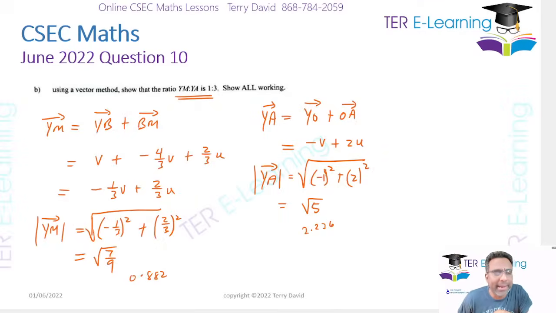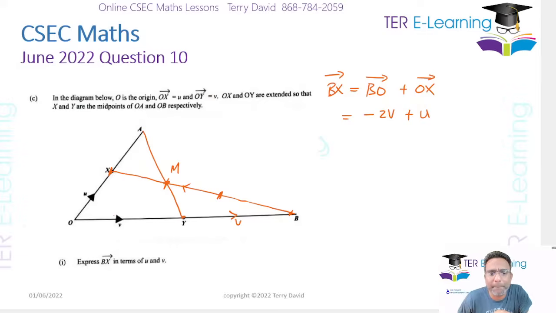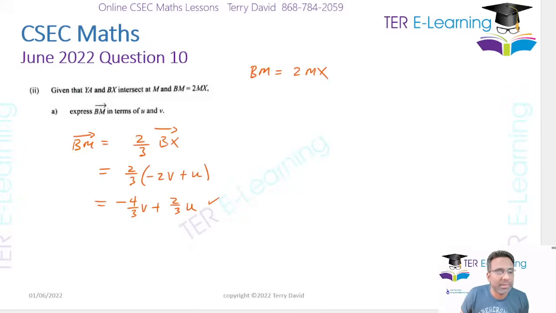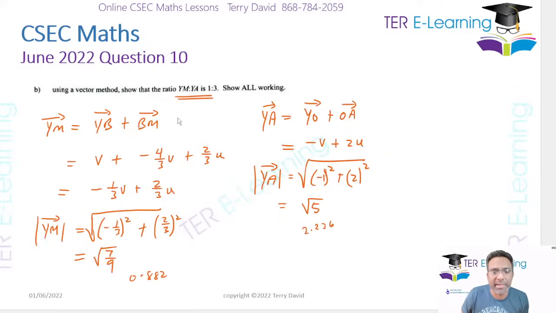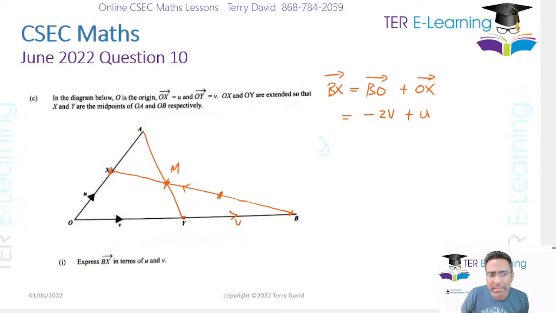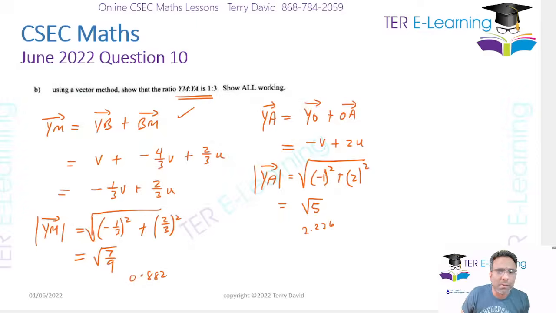Now YM. YM is going to be YB plus BM. YB plus BM, so this is okay. And YB is v, so this is correct here.